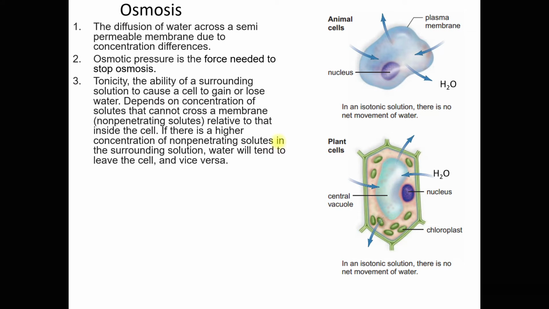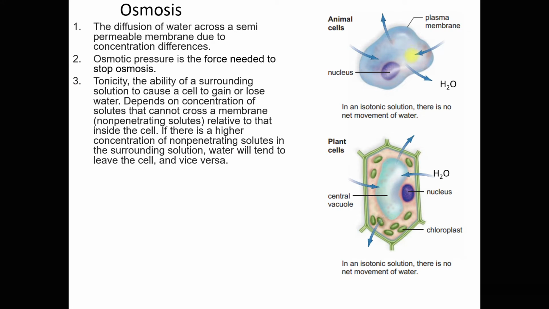Take an example like this one: the solutes inside the cell are so large that they can't simply move out of the cell, so they remain inside. These are non-penetrating solutes because they are big in size. So what happens? Water will diffuse into the cell by osmosis.